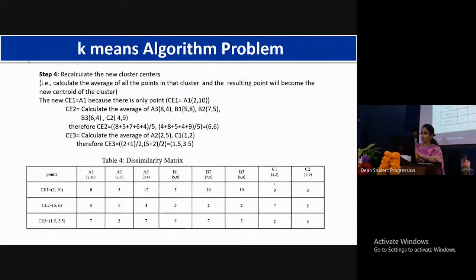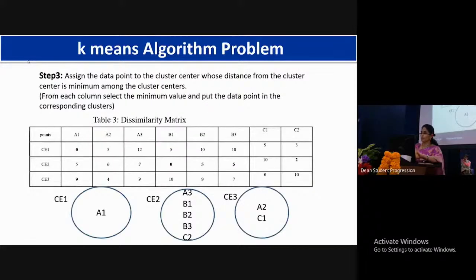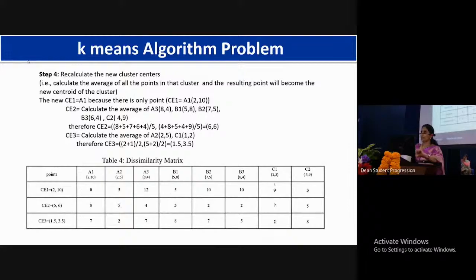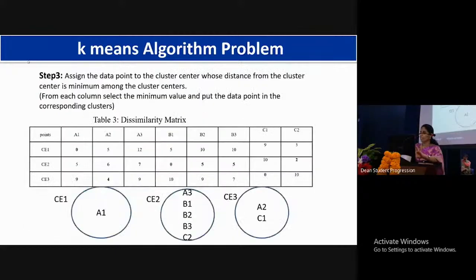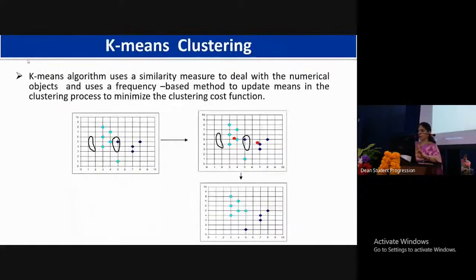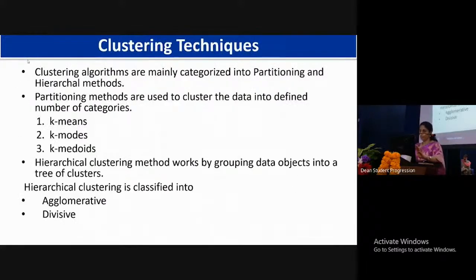Later, I will try to calculate the average of these values that you have here. I figure out one average point. For this average point, again I recalculate the dissimilarity matrix and I do the clustering part. So this is how your k-means algorithm works. Now, on similar grounds, you have your k-medoids and k-modes also working.